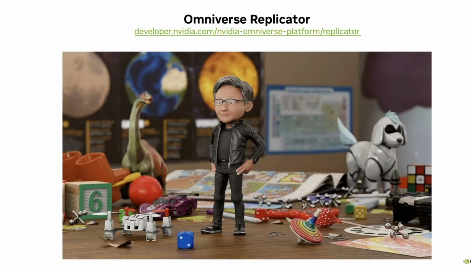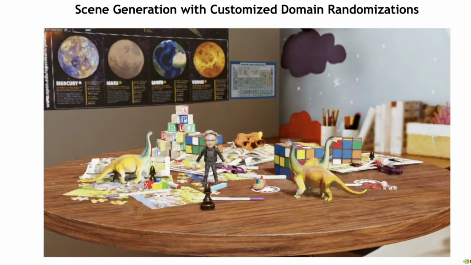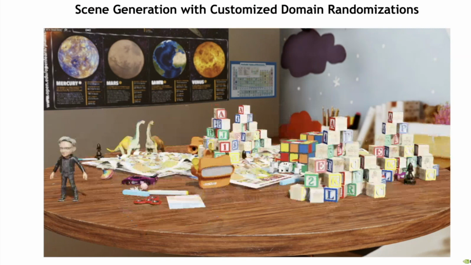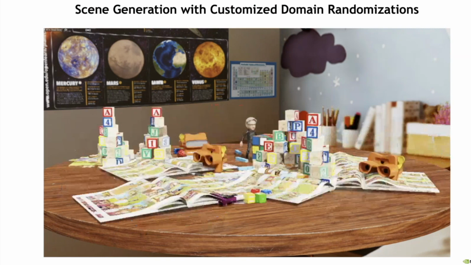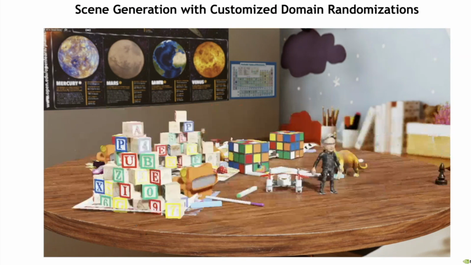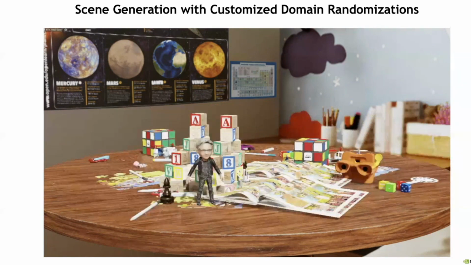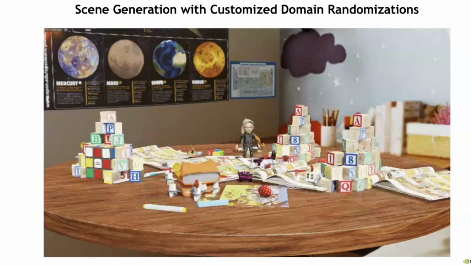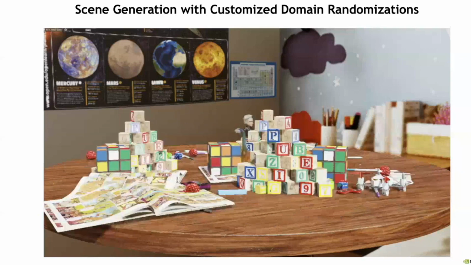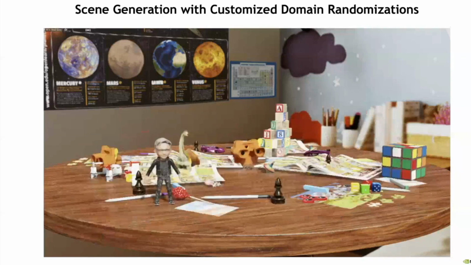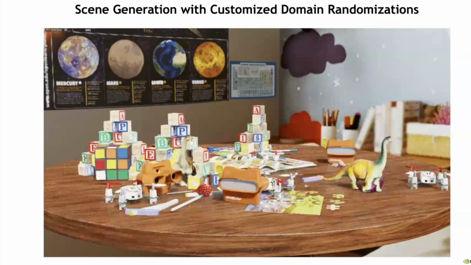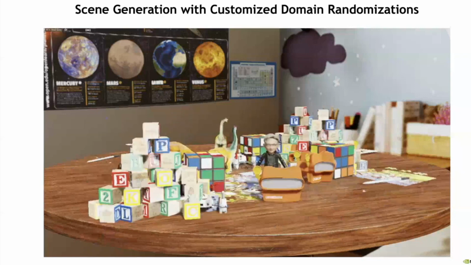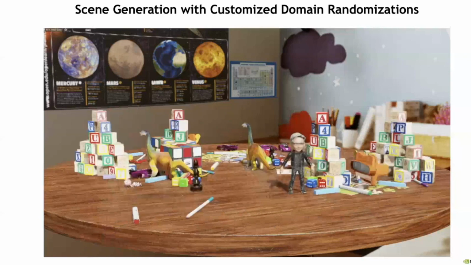Then you can randomize, like I'm showing here, different placements of the objects, different camera positions. I'm not showing you different camera positions here, but it's also possible. Different light sources, number of light sources, and so on and so forth. On top of that, you can also render the scene so that it looks photorealistic, and it relies on NVIDIA proprietary technology for rendering and path tracing.